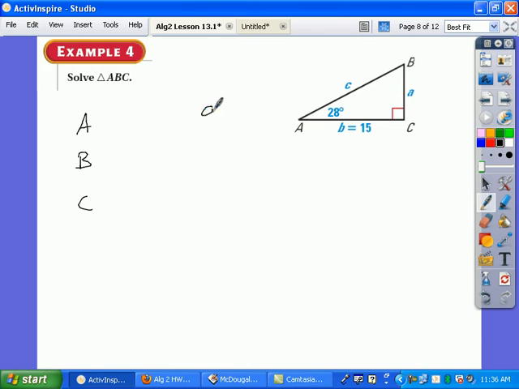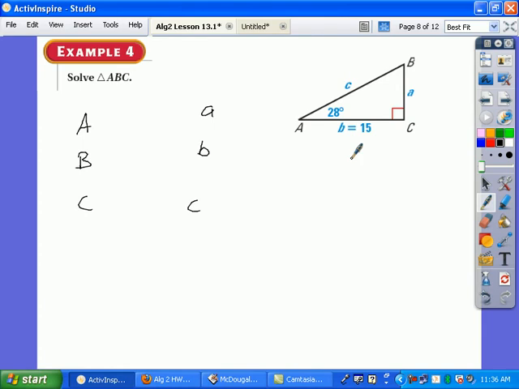And the angles and the sides correspond. So if this is angle A, then side a is the one across from it, or opposite from it. If this is angle C, then side c is the one across from it. If this is angle B, then side b is the one across from it. And we will use this type of notation from here on. Anytime we're talking about triangles, we'll try to use this type of notation.